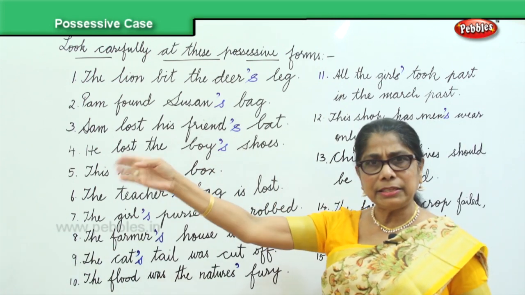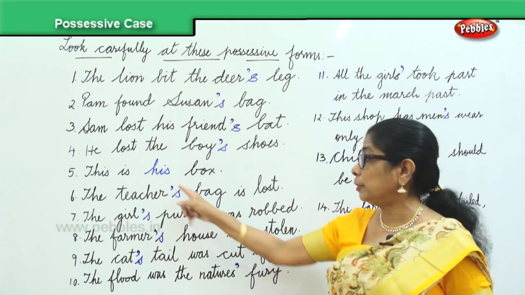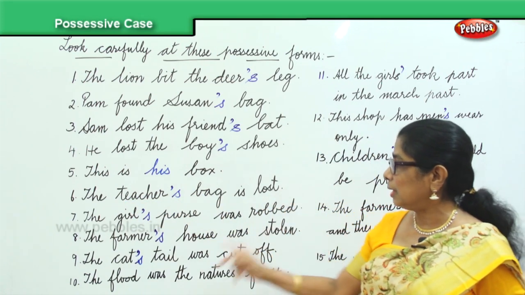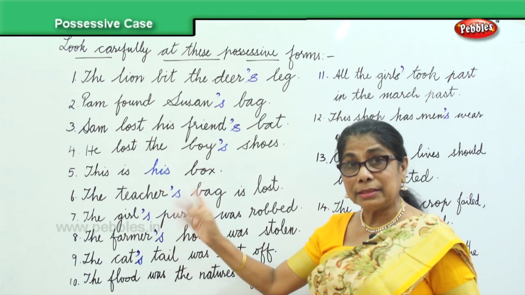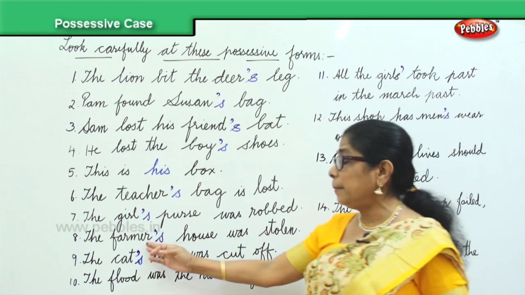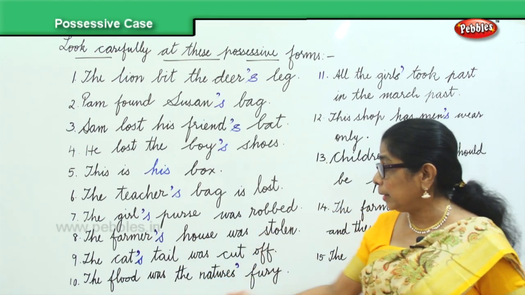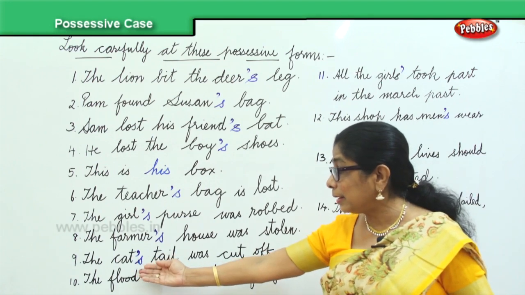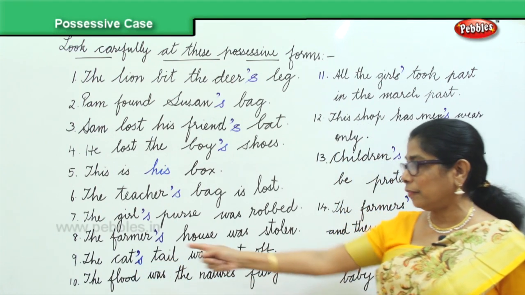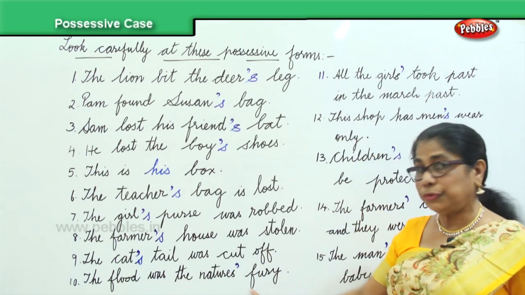This is his box. The teacher's bag. The bag is lost. The girl's purse. This particular girl's purse was robbed. The farmer's house was stolen. The cat's tail was cut off. Cat's tail. The flood was the nature's fury.